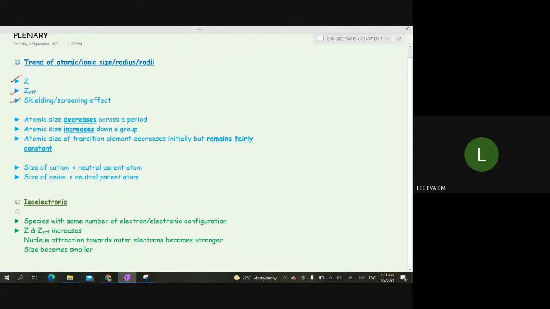And then to conclude about the trend, we have three categories. One of it is across a period, your atomic size or atomic radius will decrease because of the increasing Z and Z effective. And then atomic size going down the group increases because the number of shells and the shielding effect increase. So please also link back to the factors.